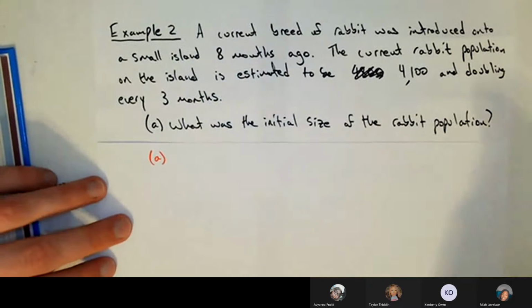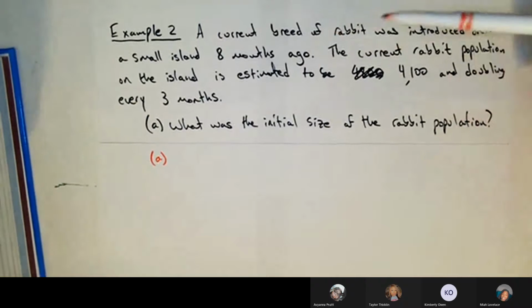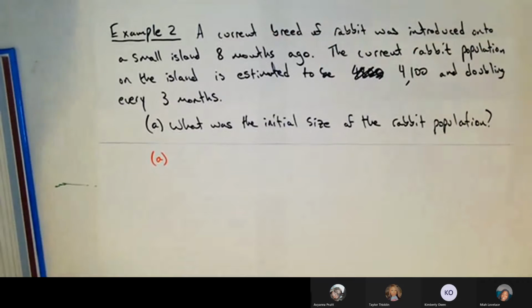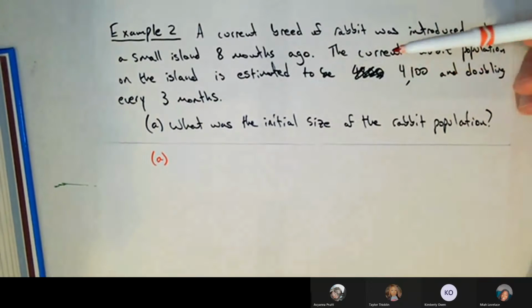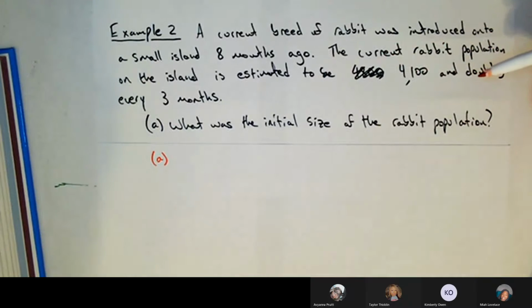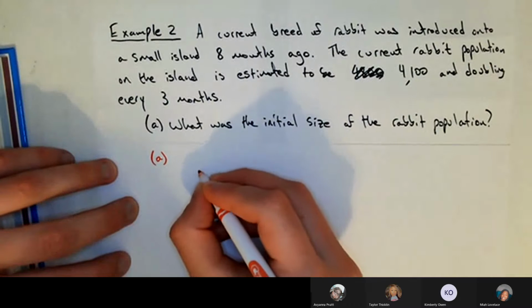Okay, so what's going on here? I've got a breed of rabbit that was introduced 8 months ago. So some number of rabbits were introduced 8 months ago, but I don't know how many. But I do know that currently there are 4,100 rabbits, and they double every 3 months. So what do I have just straight off the bat? I have that a is equal to 3.